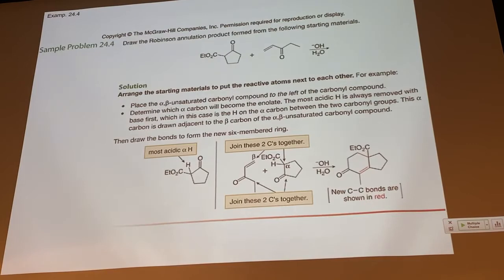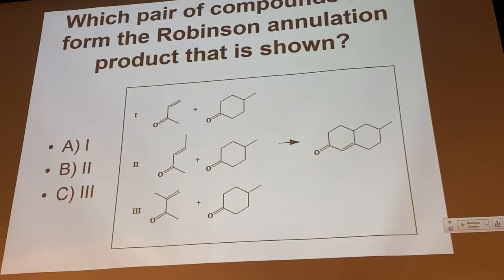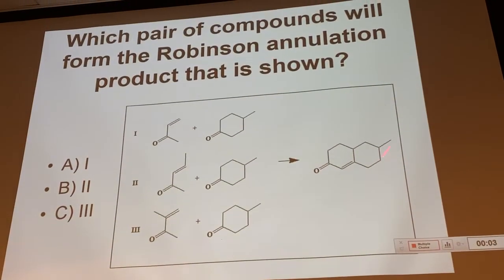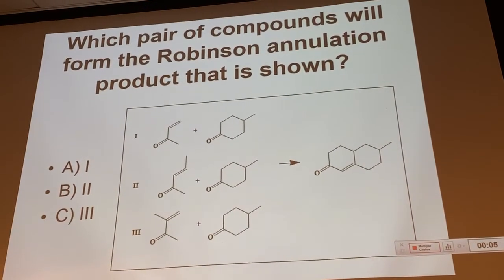So this sample problem here shows you how you would draw the products from a Robinson annulation, joining the alpha and beta carbons of the 2 reactants, and then the other alpha carbon of the ketone with that ketone to form our 6-membered ring. And then this iClicker question shows us how we would use it in a retrosynthetic fashion, going from, or looking at a product and deciding which building blocks would make that product.